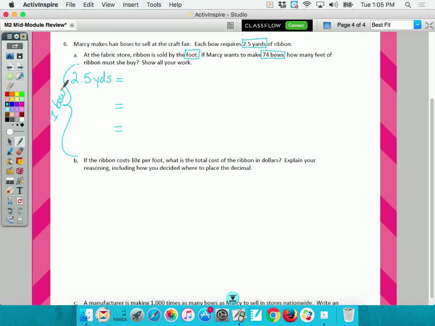So my formula for doing that is the 3 equal signs, right? I'm going to do 2.5 copies of what? 1 yard. Do you remember how many feet are in a yard? I laid out the rulers on the floor. 3. Very good. So I'm going to change that to 3 feet.